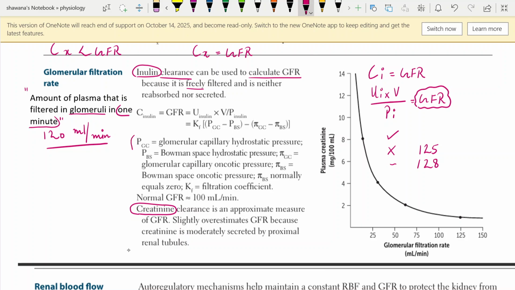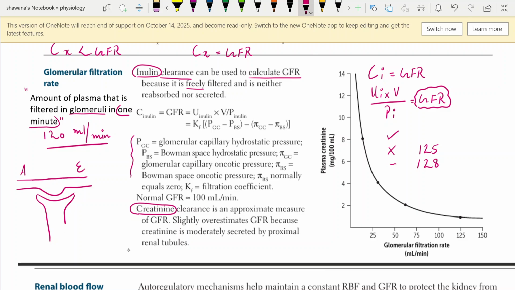And talking about the pressures, these pressures are very important as far as filtration is concerned. First of all, I am drawing the afferent arteriole, this is the efferent arteriole, and this is the Bowman's capsule.